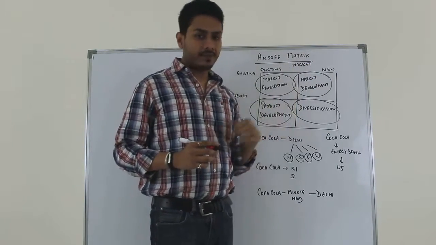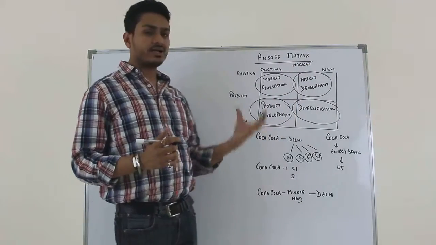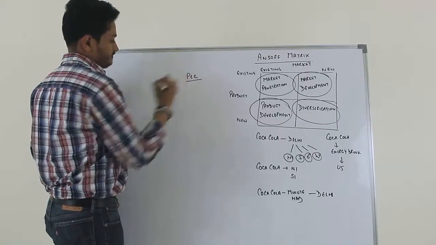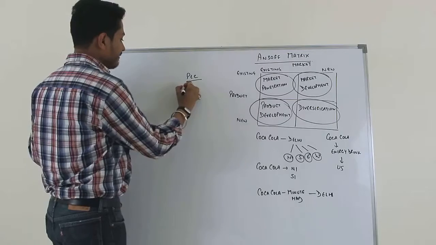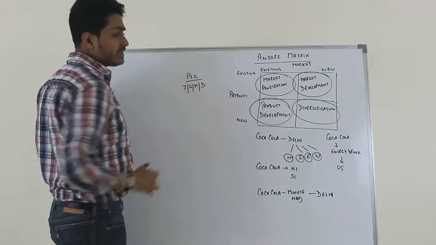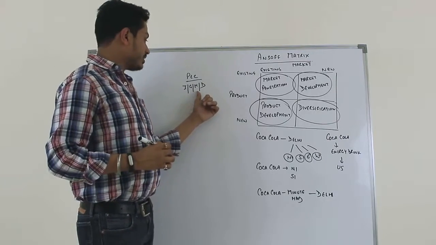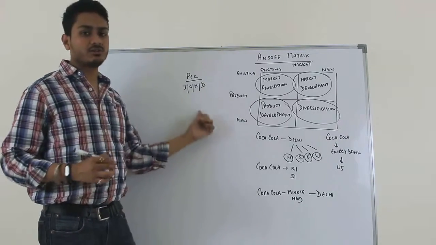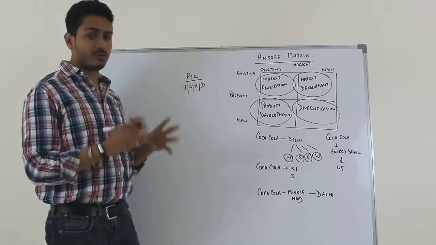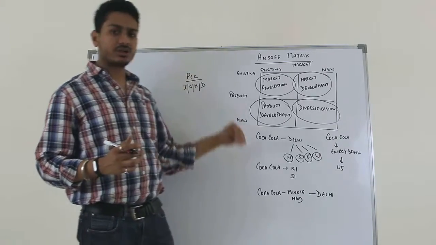Now let me take you back to when we looked at the product life cycle. We looked at how every product goes through the introduction, growth, maturity and decline phases. Now when a particular product is maturing in a particular market, the next obvious logical step over a period of time is that the product will decline.